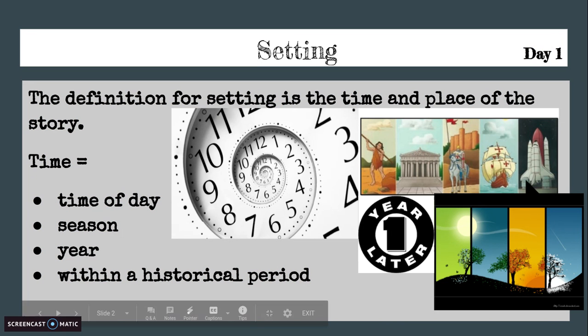A lot of different stuff is going to happen based on the year when it takes place. It could also be in a historical period. It could be a Civil War story, or it could be a French Revolution story. So, depending on when the story takes place, it could be any of these, from very non-specific to very specific.